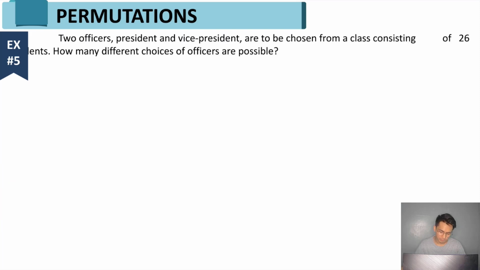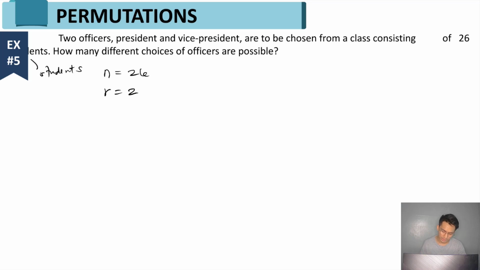Next, we have example number 5. 2 officers, president and vice president, are to be chosen from a class consisting of 26 students. How many different choices of officers are possible? Again, lagay muna natin, we have n is equal to 26 students and dalawang officers na pagpipilian sa kanila, we have 2. r is equal to 2.